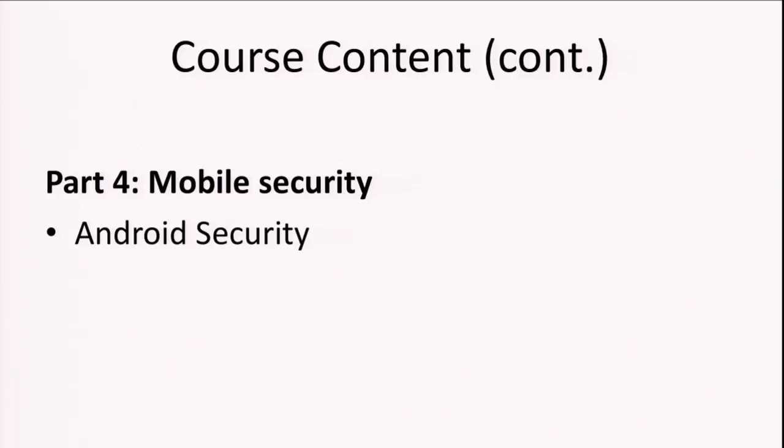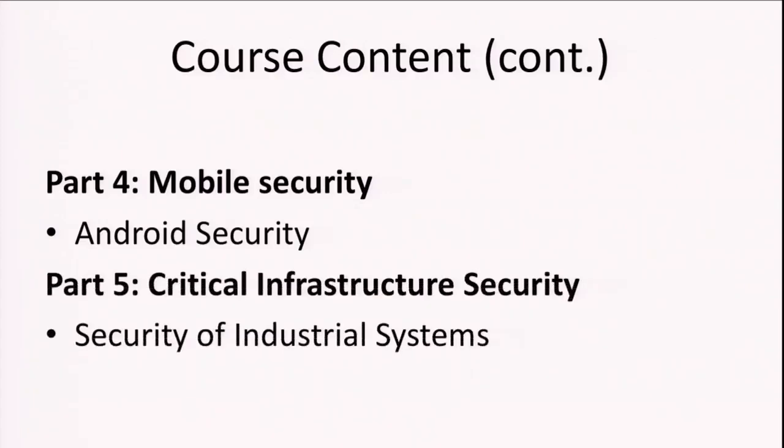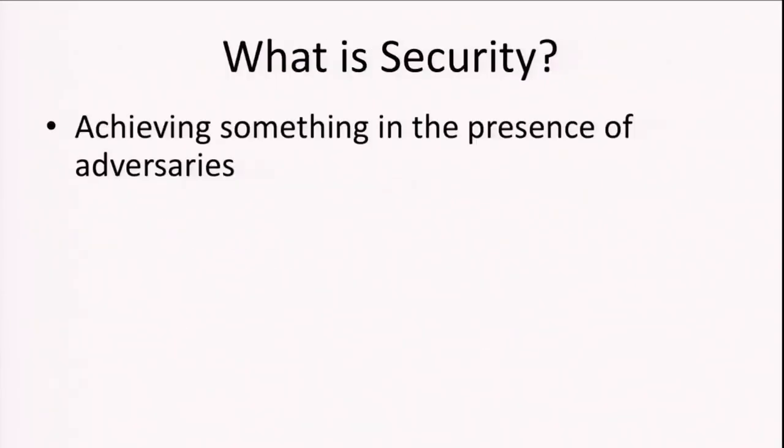We'll talk about that, but since this is a limited time course, we will not get into too much detail. And finally, as time permits, we'll talk about infrastructure security, like power system and manufacturing system security, so security of industrial systems. So that's the main content.